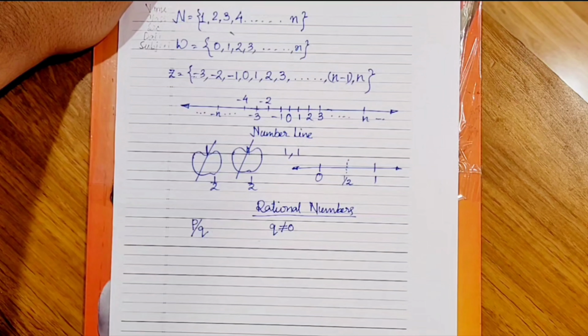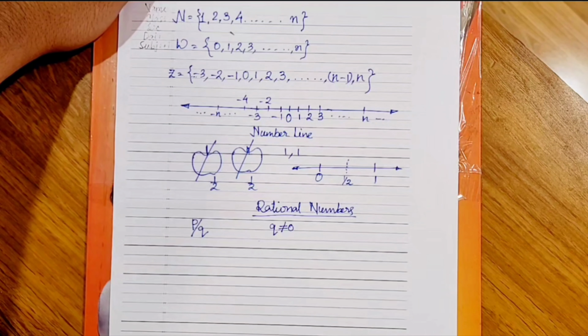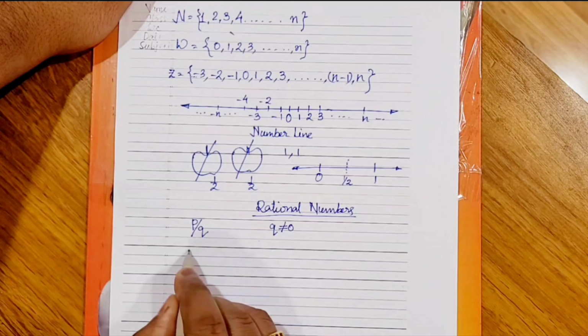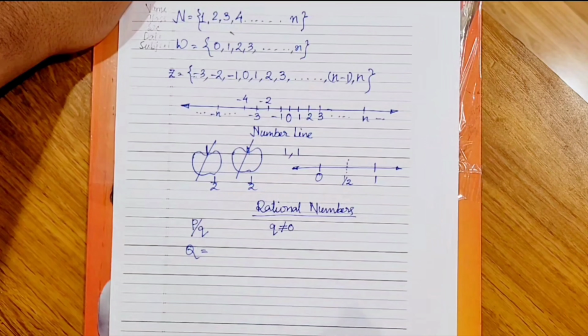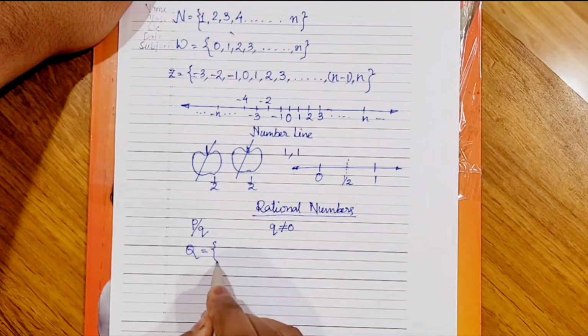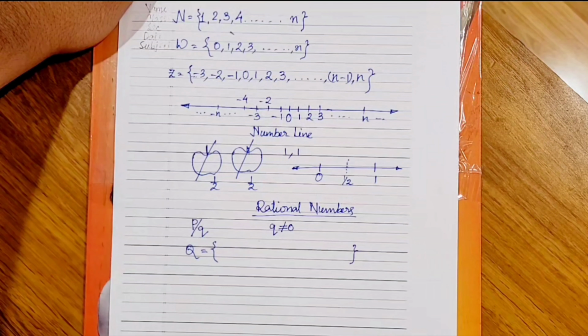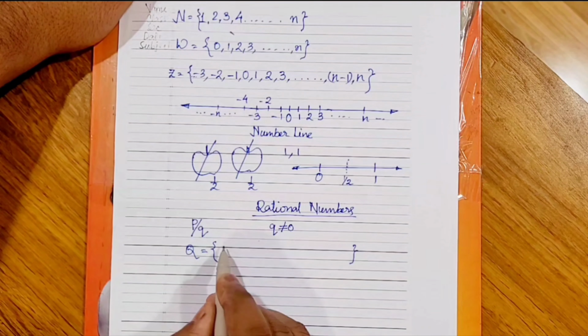So the collection of such rational numbers can be written in the set notation and we call that as Q. So Q, the set of rational numbers, can be written as, so how do we generally write a set? If the elements of the set or the members of the set follow a certain rule or a certain criteria, we write that down.